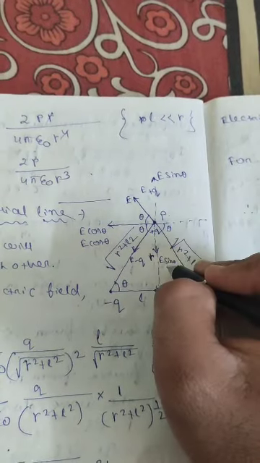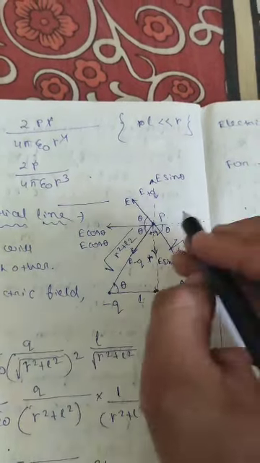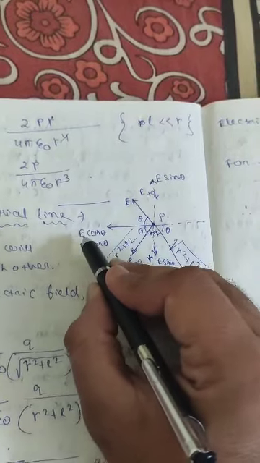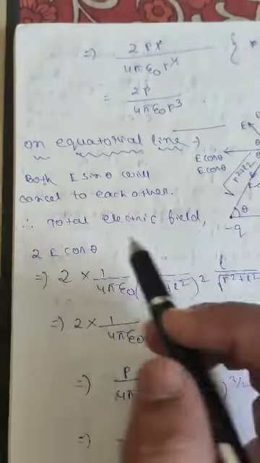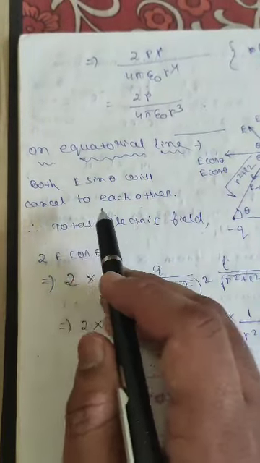Now take the other vector: with this theta, this side is E cos theta, and the opposite one is E sin theta. Both E sin theta components cancel each other, so the resultant is 2E cos theta.